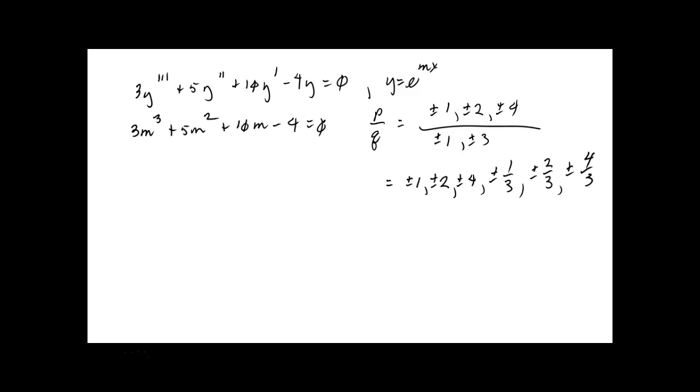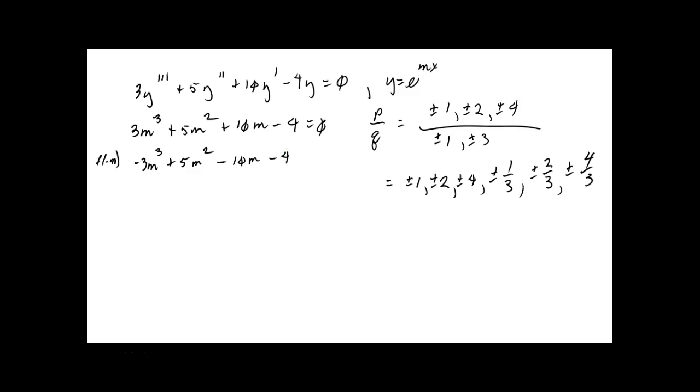And then the other part of Descartes' rule of signs is consider f of minus m. That would be minus 3m cubed. But when you put a minus m in here and you square it, that stays a plus 5m squared. But that changes to a minus 10m and minus 4. Okay? Now count your sign changes.